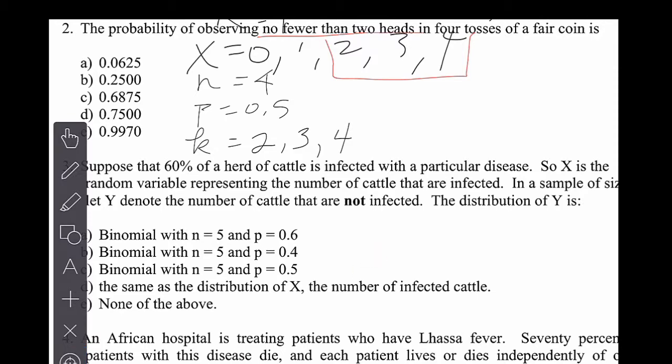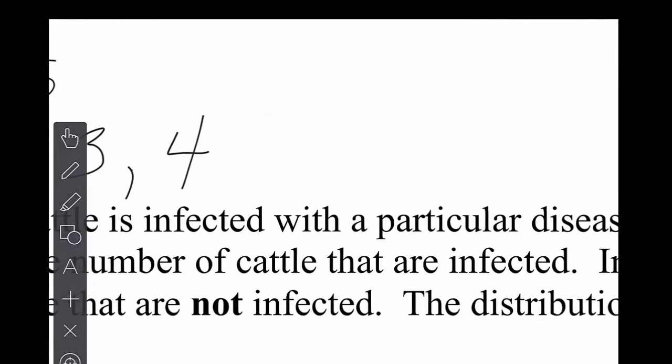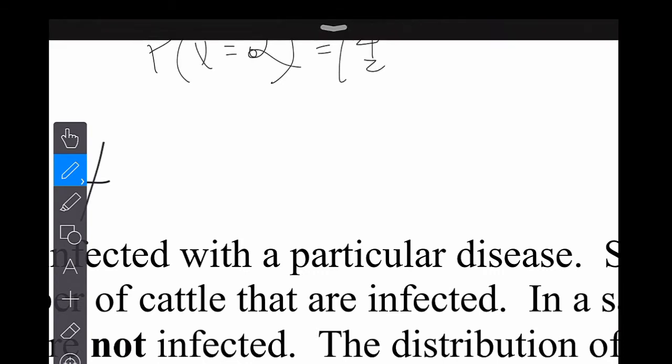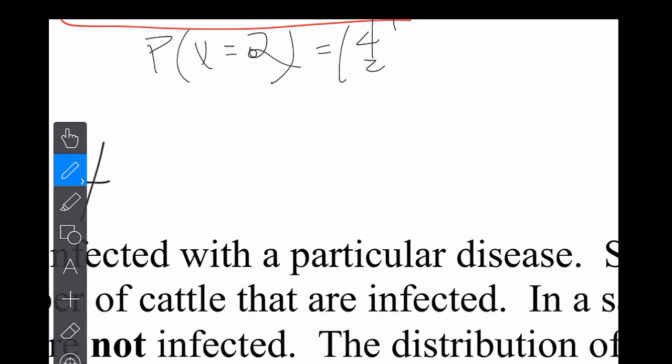So the formula is, okay, probability X equals 2 is 4 possibilities, the number of ways of seeing 2 successes out of 4, times the probability of success, which is 0.5, to the number of successes, which is 2, times the probability of a failure, which is 0.5, to the number of failures, which is 2.